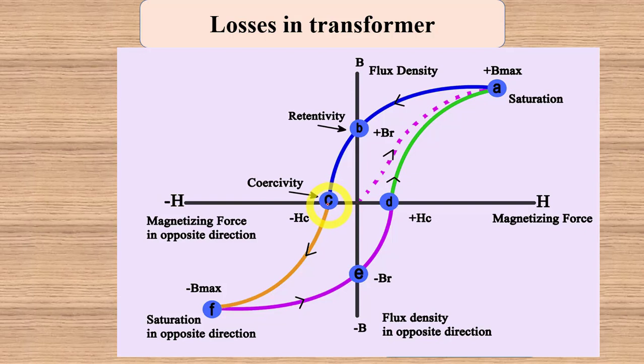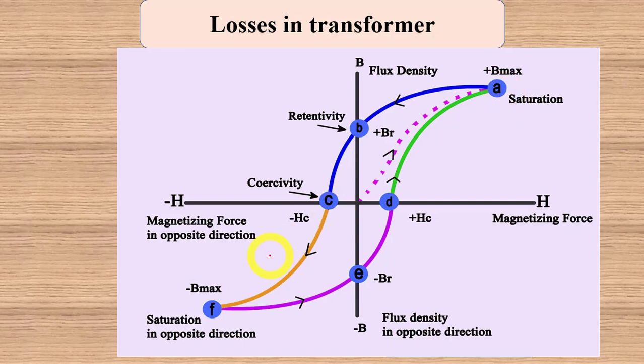So point C is known as the coercivity of the material. Coercivity is defined as the amount of magnetizing force required to get flux density 0. Further, the magnetizing force increases in the opposite direction. It will follow the path C to F. F is the saturation point in the opposite direction. Similarly, A is the saturation point in the positive direction.